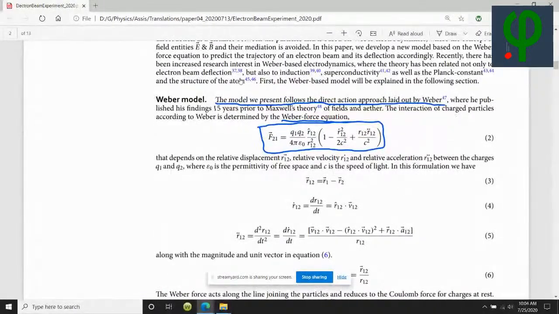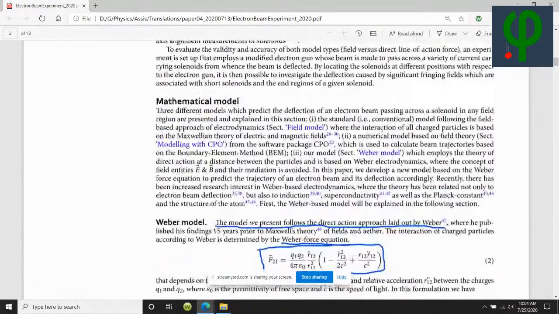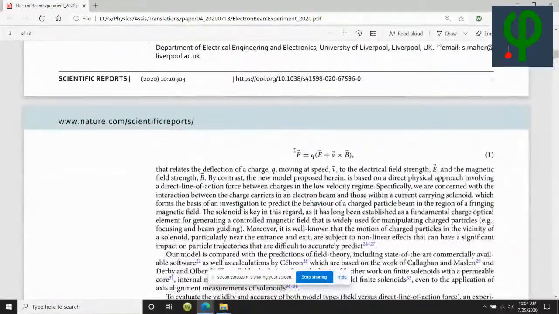The model we present follows the direct approach laid out by Weber. Weber's force equation is given here. The other model that they are comparing against is the usual Maxwell-Heaviside, the Lorentz force equation. This one here.